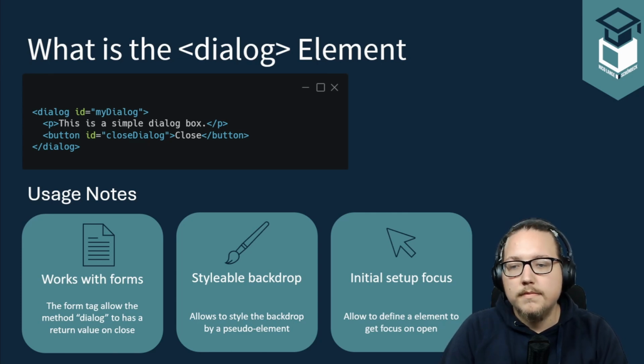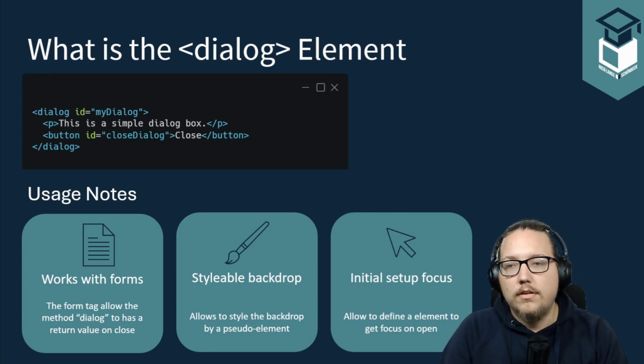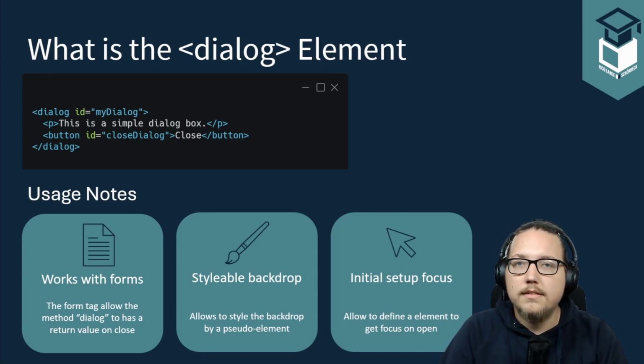You have the ability to work with forms inside of the dialog, and with the method dialog, you can tell the form that it should provide the data the user inputs to the dialog, and you can then listen to an event from the dialog to handle that close event with the data it provides.